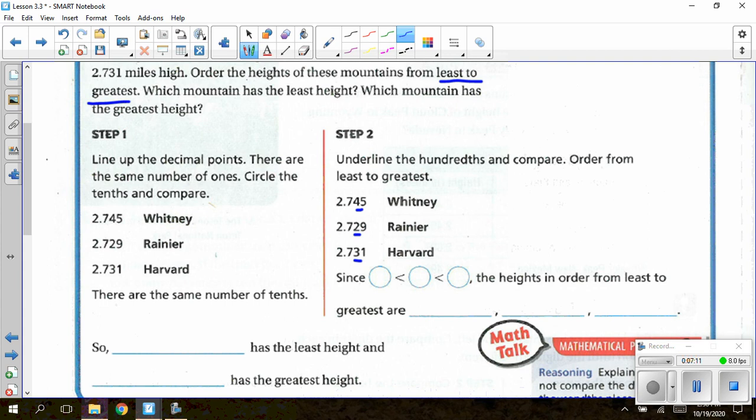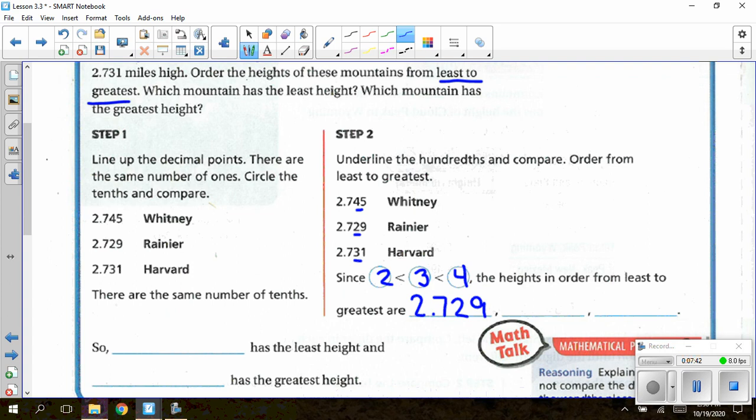So looking at my hundredths digits, I know that 2 is the smallest number, and then the next smallest would be 3, and then the next would be 4. So now I'm able to put these heights in order from least to greatest. The mountain that had the number 2 in the hundredths place would be Mount Rainier, which was 2 and 729 thousandths.